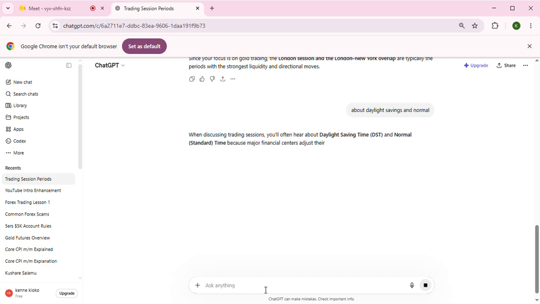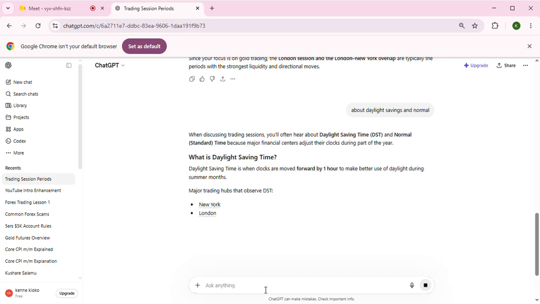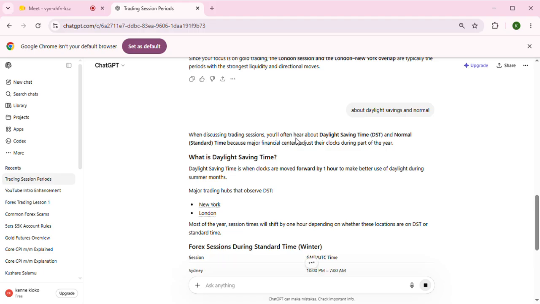When discussing trading sessions, you will often hear about daylight savings, BST, and normal time. That is not the standard time, because major financial centers adjust their clocks during part of the year. What is daylight savings? Daylight savings time is when clocks are moved forward by 1 hour to make better use of daylight during the summer months.